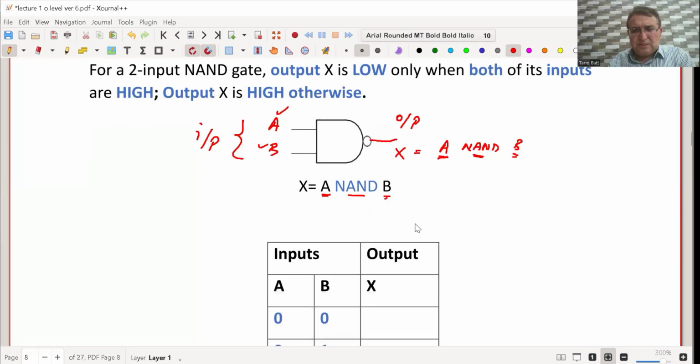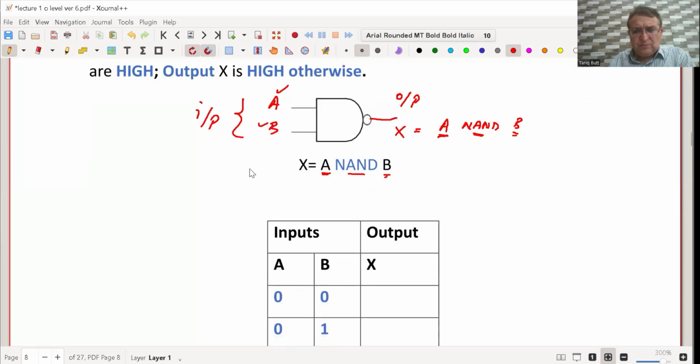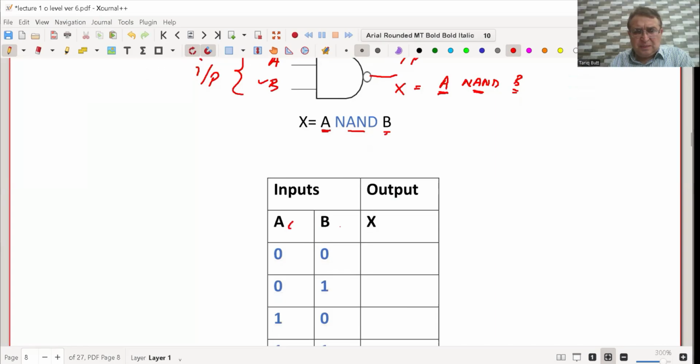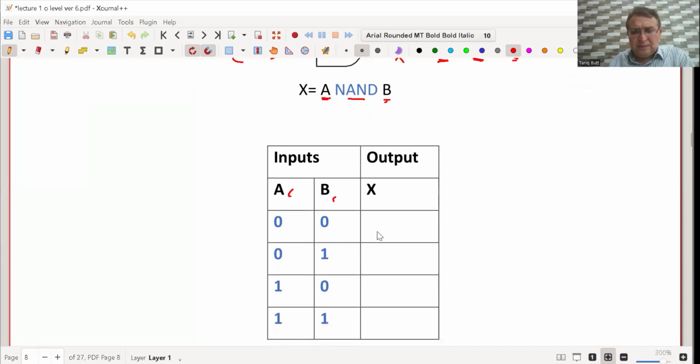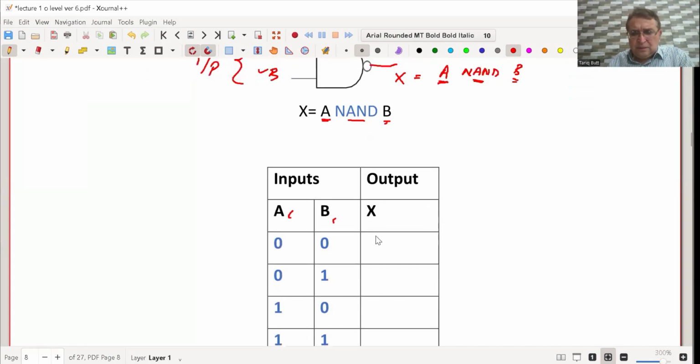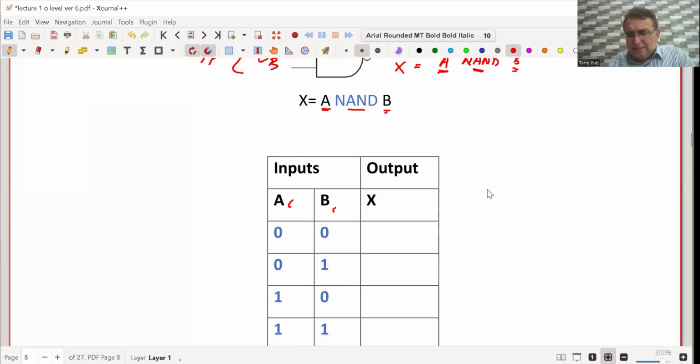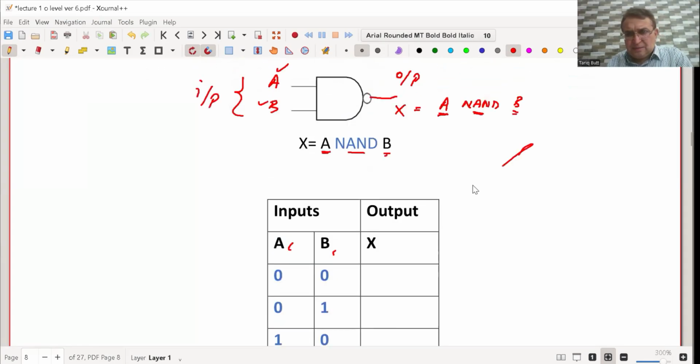Now we can see its truth table. The 2 inputs, 4 combinations for A and B. So NAND gate, its behavior is considered as AND followed by NOT.